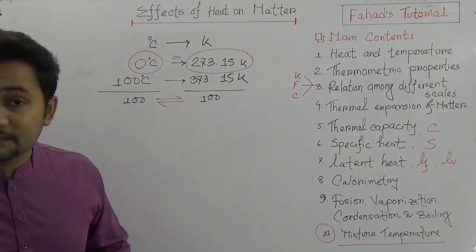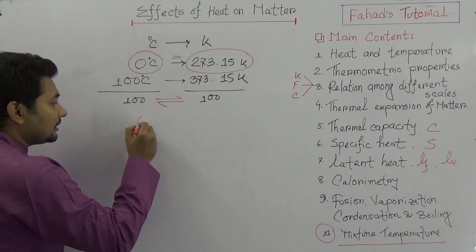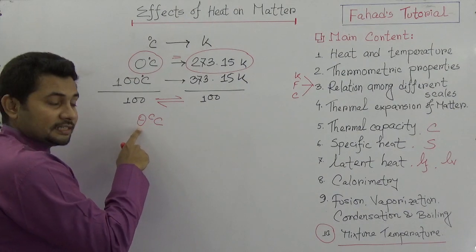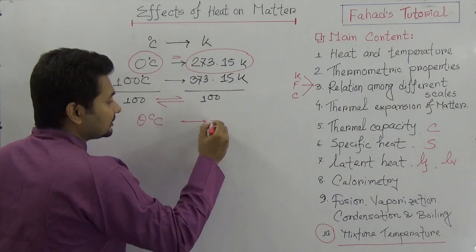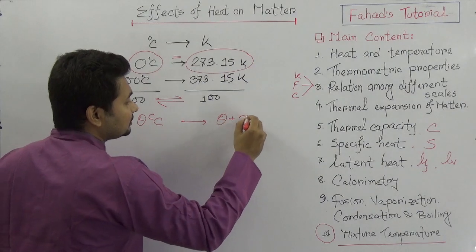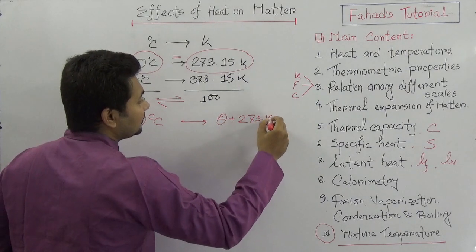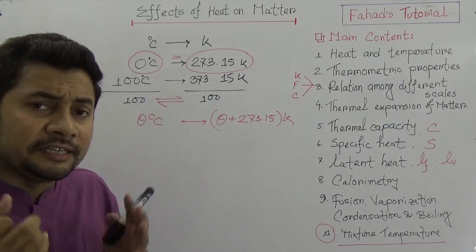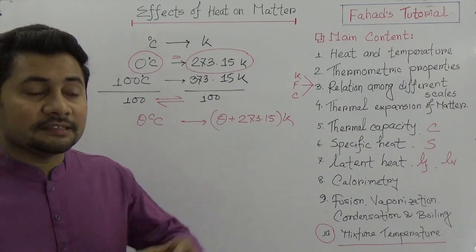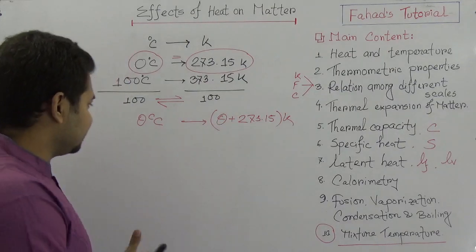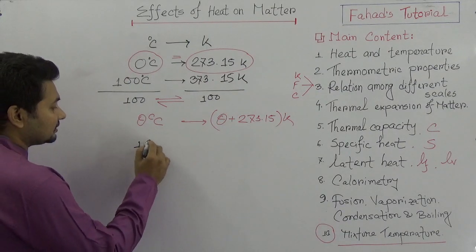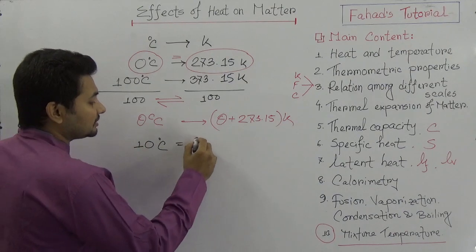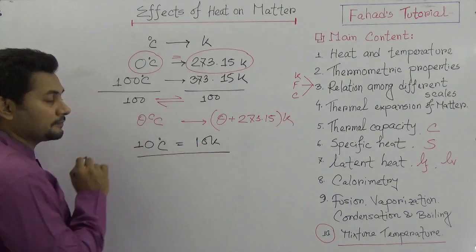If it is given as theta degrees Celsius, that means theta plus 273.15 Kelvin. But in case of differences, if the difference is 10 degrees Celsius, it will be the same 10 Kelvin.